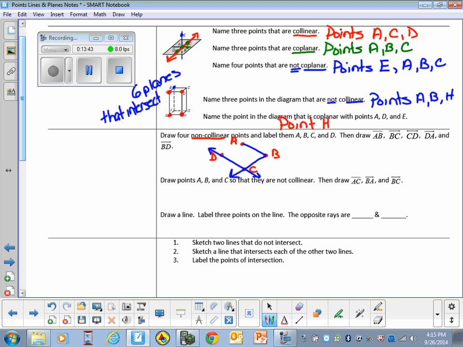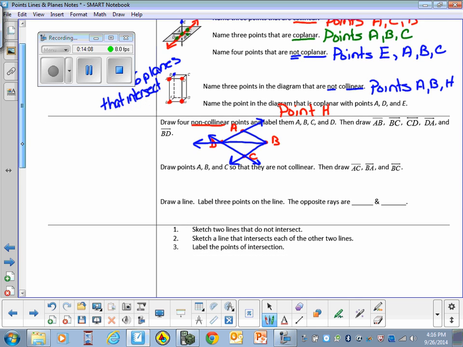And then ray DA. Start at D, go through A, then put on your arrowhead. And finally, ray BD. Start at B, go through D, put on your arrowhead. I knew what to draw by looking above the letters. What do those symbols mean?